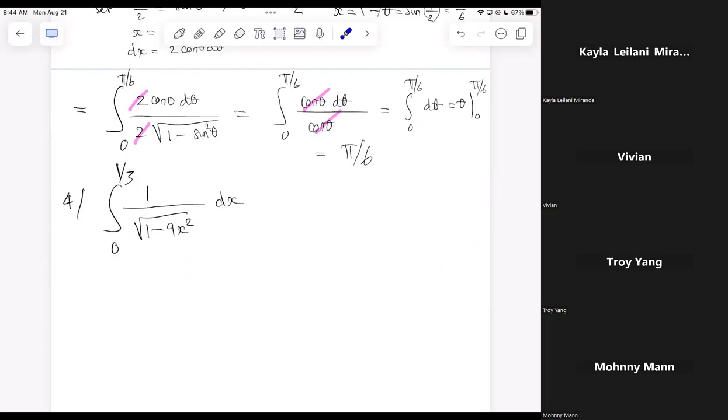Sine, right? Because you have the square root of 1 minus the variable squared here. So for sure we will use sine theta. I can write that as the square root of 1 minus (3x) squared. So I will set 3x equal to sine theta.